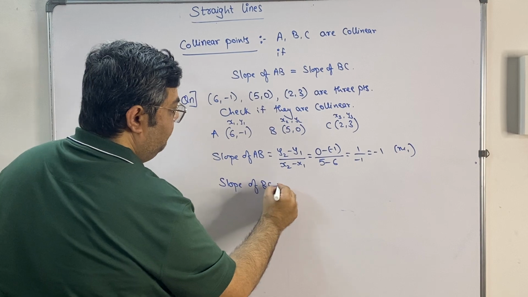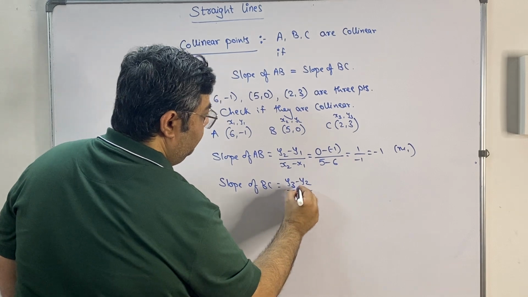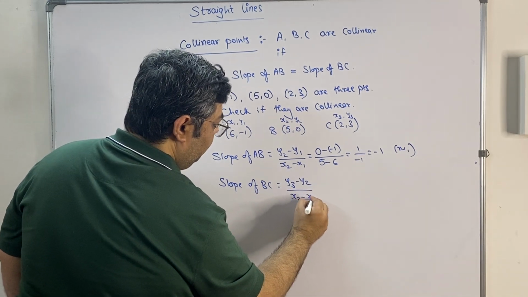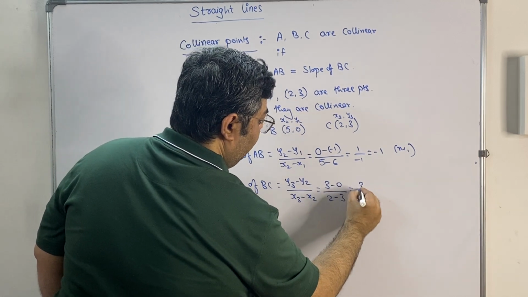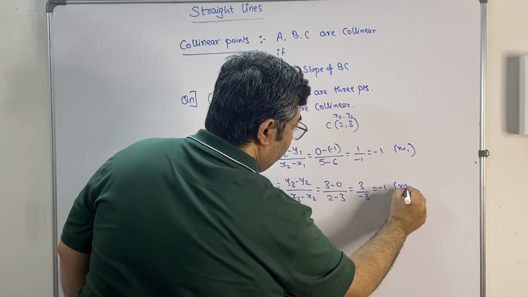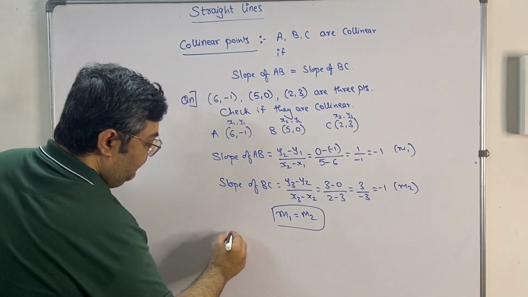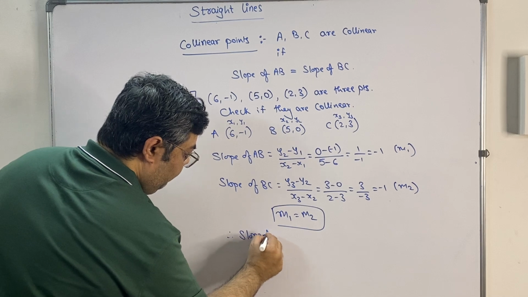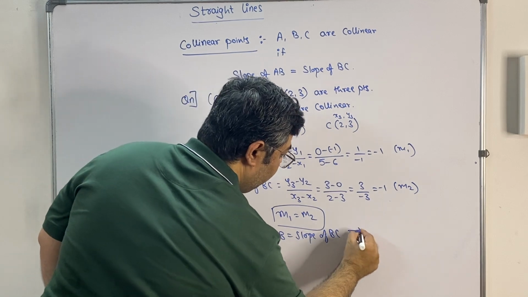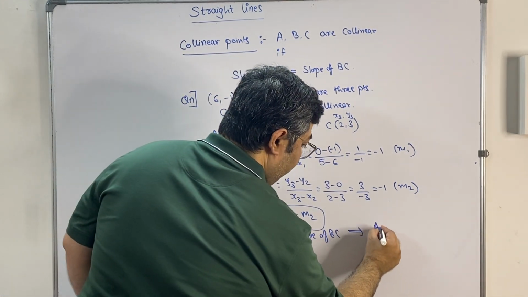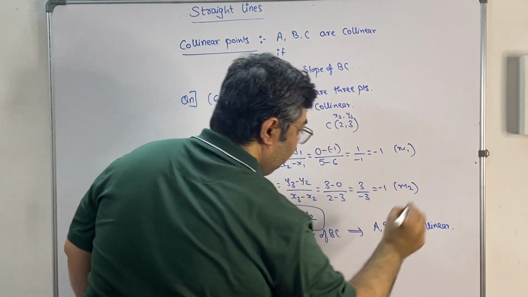Slope of BC: it is y3 minus y2 over x3 minus x2, 3 minus 0 over 2 minus 3, 3 over minus 3, again minus 1. As we can see, m1 is equal to m2. Therefore, slope of AB is equal to slope of BC. So we have used the concept of slopes and proved A, B, C are collinear.